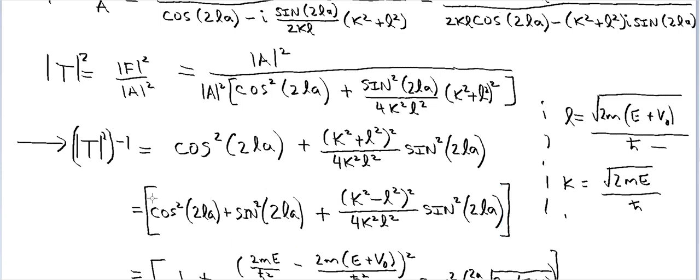But if you do that, note that you have cos² of 2La plus sin² of 2La right here, and cos² plus sin² is 1, right?